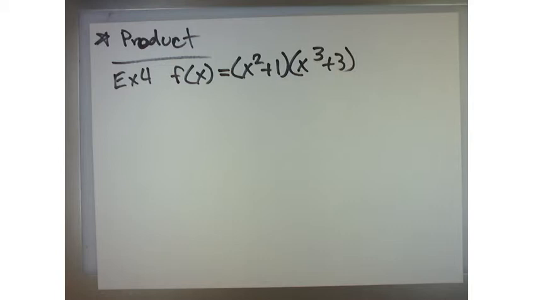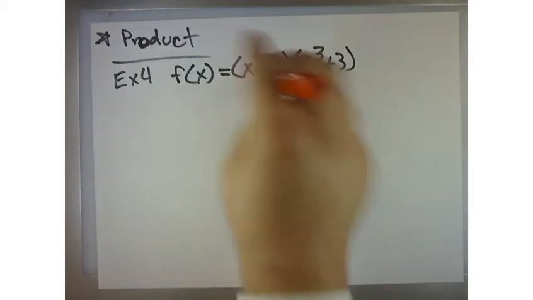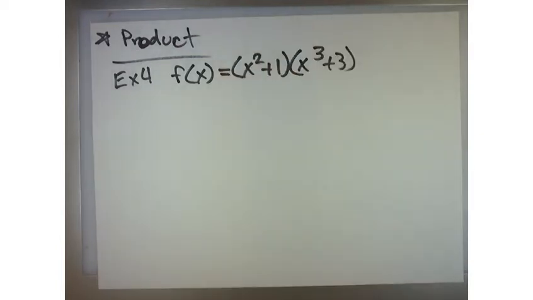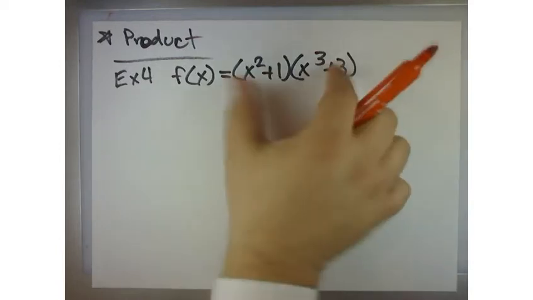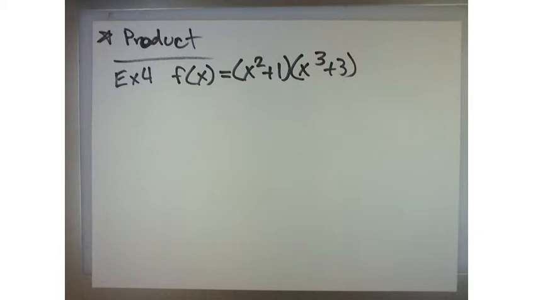I can't use any of the previous 4 rules to get the product of this. Now I can multiply this out and then take the derivative using the power rule for each term, right? We know if we multiply this out, we'll get some x to the 5th and x to the 4th and x to the 2nd, a crazy polynomial. But that's a lot of work.